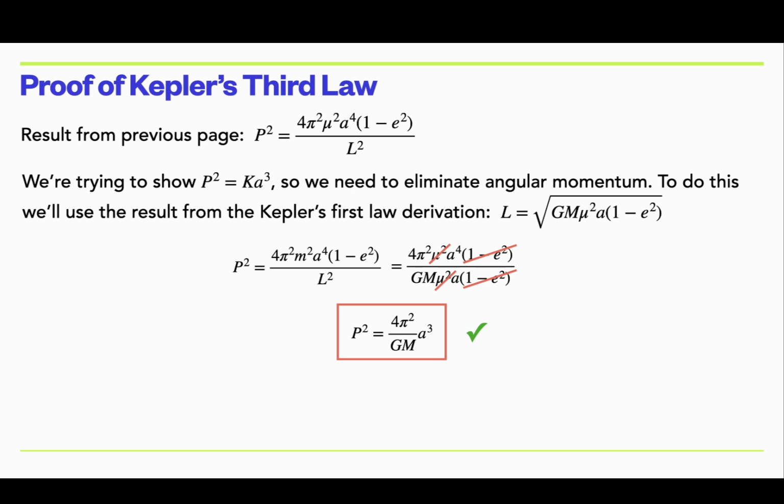Okay, so that's it. That was a lot of derivations, but hopefully this will give you an idea of how to work with the orbit equations to derive different results and do the homework.